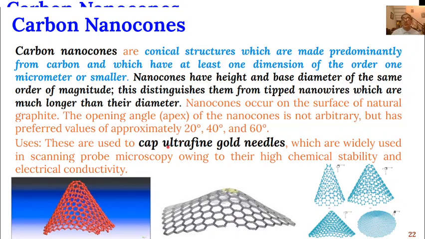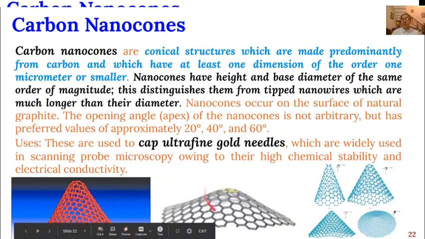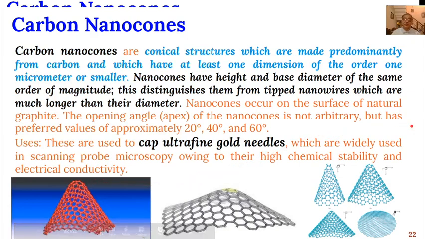These have been used to cap ultra-fine gold needles, which are widely used in scanning probe microscopy owing to their high chemical stability and electrical conductivity. So all these types of materials are called nanocones. They have been reported, and some materials have been synthesized from nanocones.